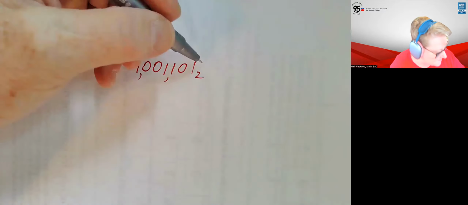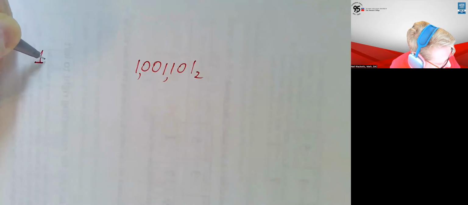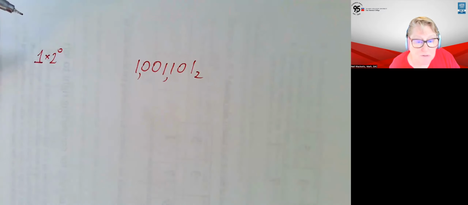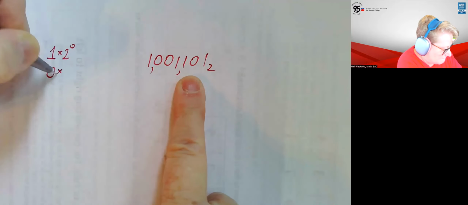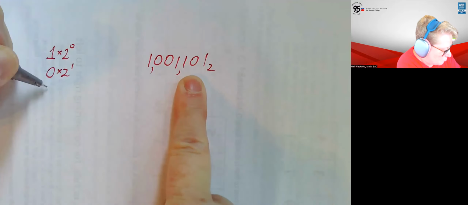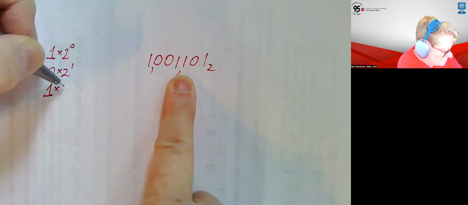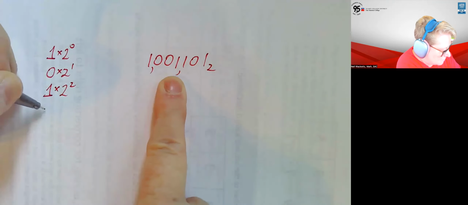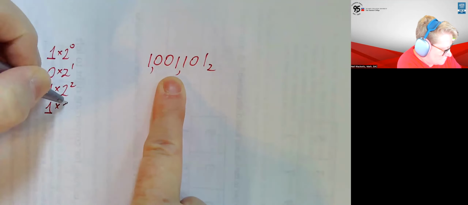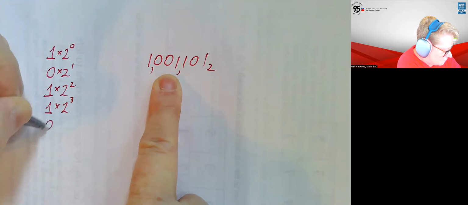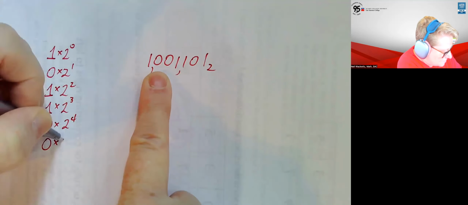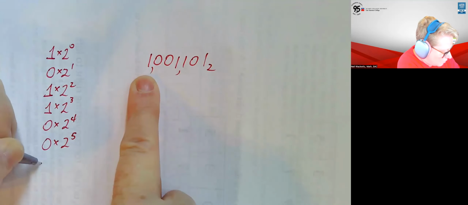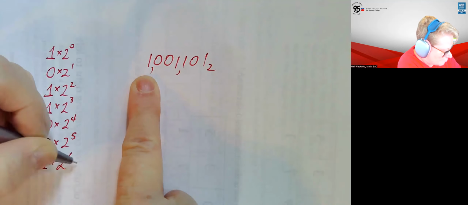So I see I have 1, 2 to the zeroth. I have 0, 2 to the first, 1, 2 to the second, 1, 2 cubed, 0, 2 to the fourth, 0, 2 to the fifth, and 1, 2 to the sixth.